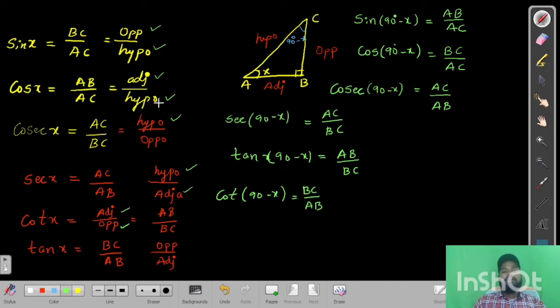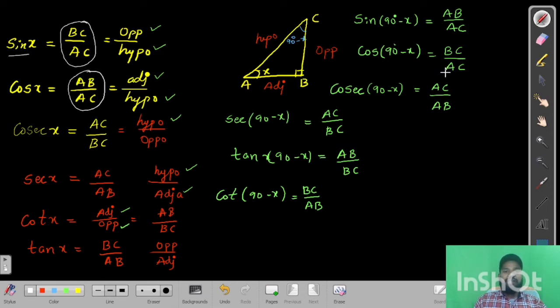So now, with respect to x we have written all the ratios, and with respect to 90 minus x we have written all the ratios. Now we need to find the relation between them. Here sin x is BC by AC, and here sin of 90 minus x is AB by AC. Here cos x is AB by AC, and here cos of 90 minus x is BC by AC.